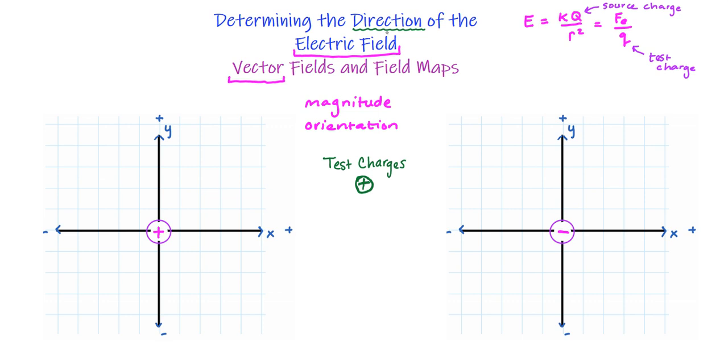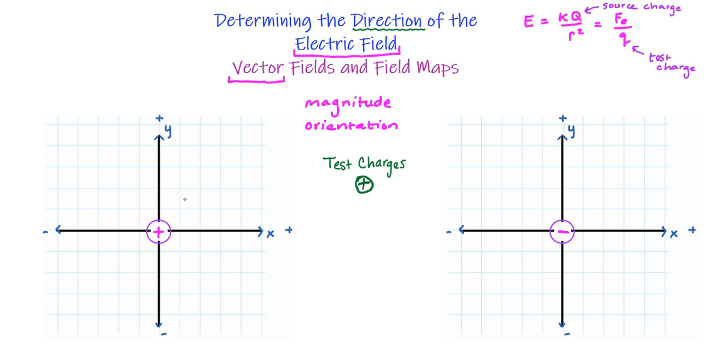So remember, the convention, the direction of the field, is always determined by where a positive test charge would move. Whether it's a positive source or a negative source, that doesn't matter. It's always the direction that a positive test charge would move.